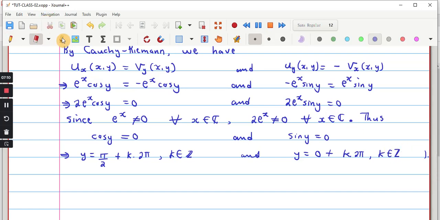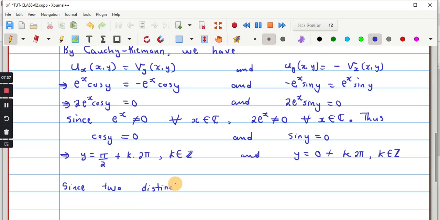Now we are going to analyze this. If you check carefully, you can see that we have two sets of values of y which are distinct.